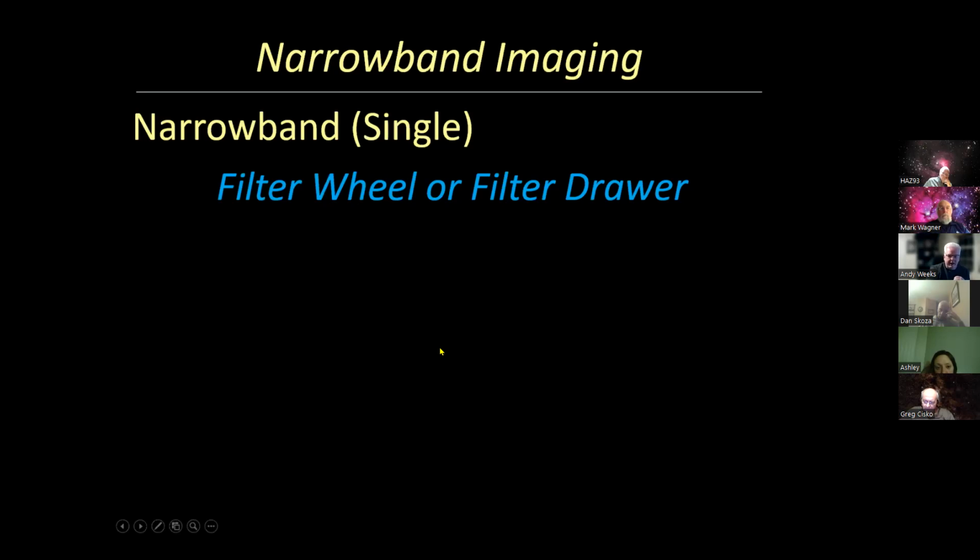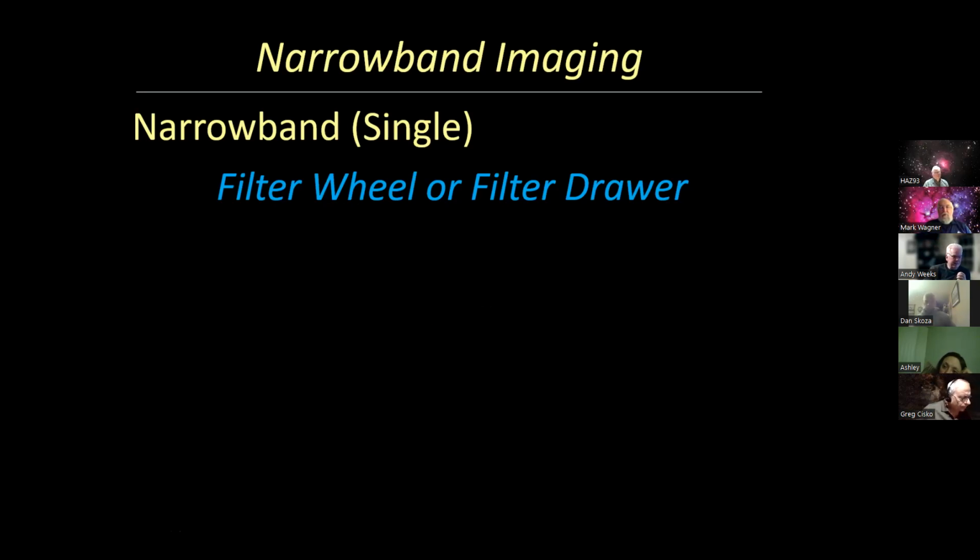All right, so narrowband imaging, as you probably have figured out from our discussion, is just a single filter at a time. And generally, most people who do it will use either a filter wheel or a filter drawer. I don't know of too many people that actually stop what they're doing, unscrew the camera, put a new filter in, put it back in, refocus. That's a drag.